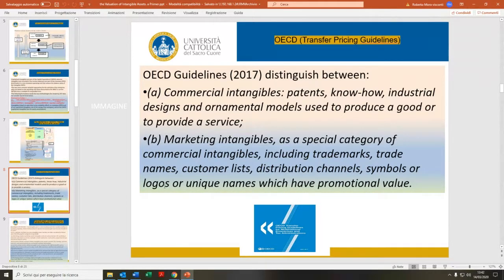We think of a logo of a mobile app, or unique names which have a promotional value.